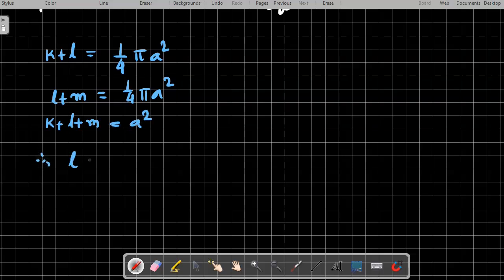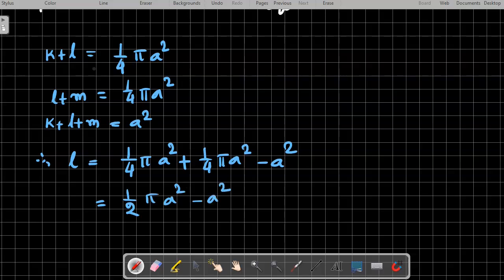Therefore L, that is the required petal, equals 1 by 4 pi a square plus 1 by 4 pi a square. From here we have to subtract a square. So from here we get half pi a square minus a square.